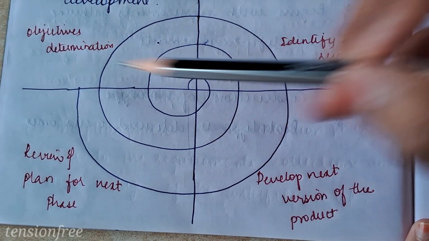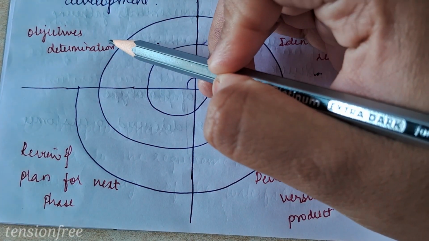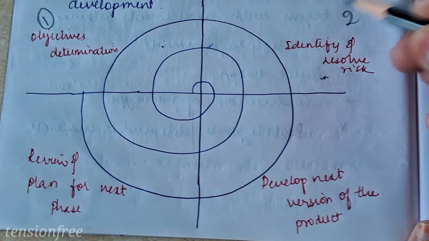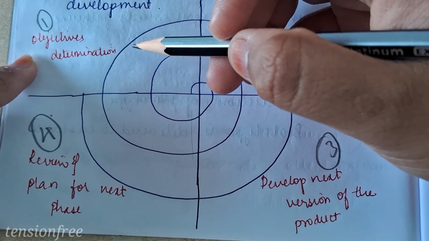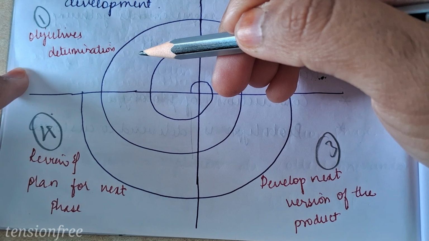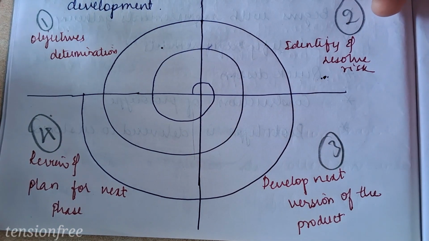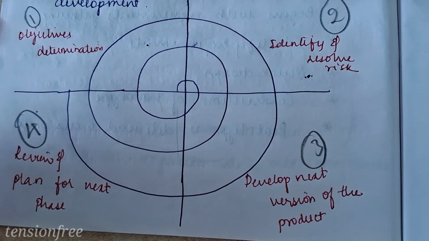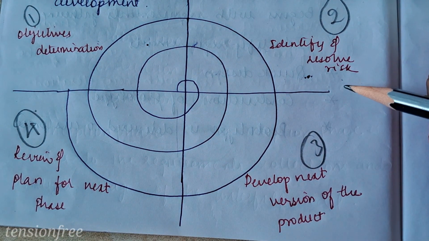First, it is divided into 4 blocks: the first block, second block, third block, and the fourth block. In the first block, the basic objectives will be determined. After that, we identify and resolve the risk.